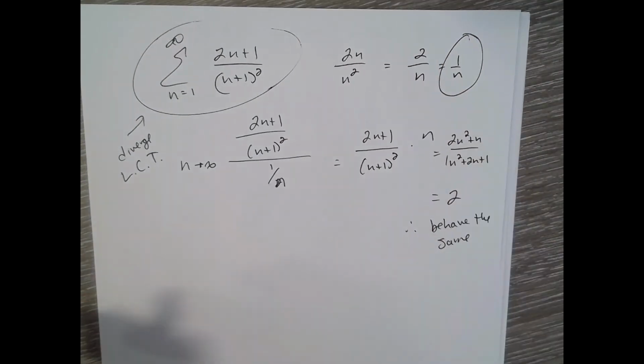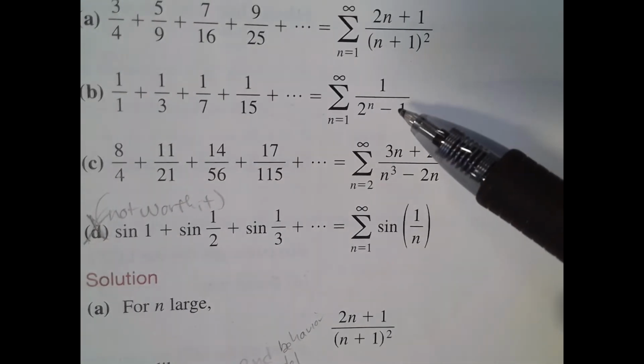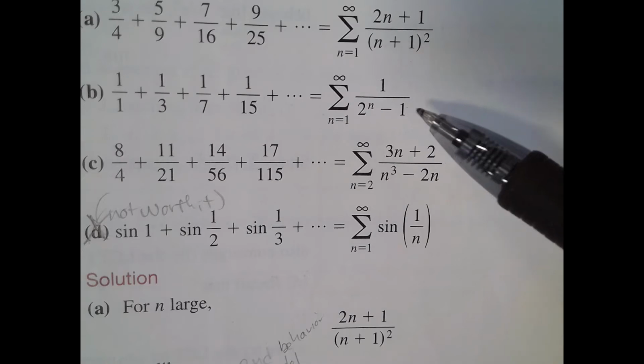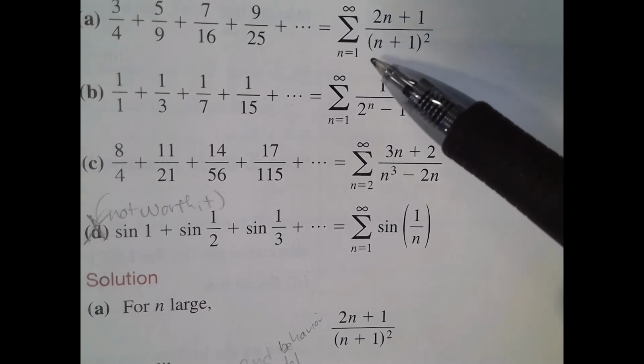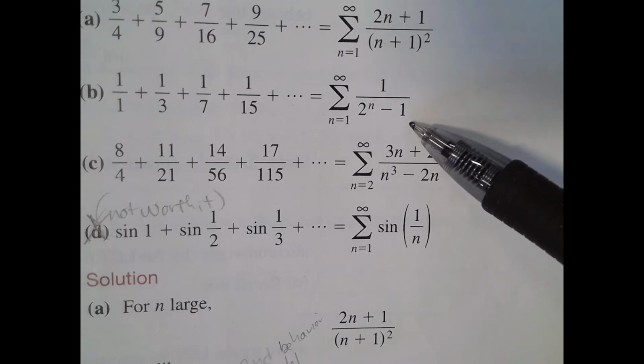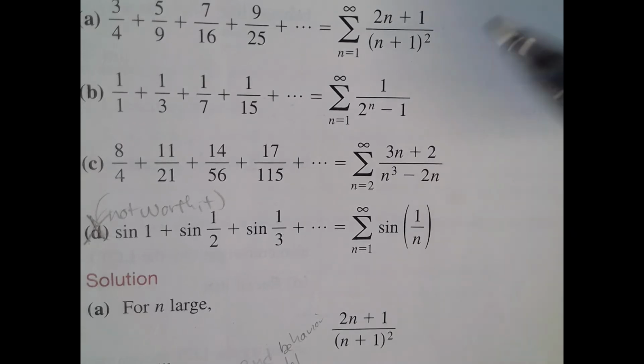All right, another one right here. 1 over 2 to the n minus 1. What's that pretty much the same as? 1 over 2 to the n. Okay, this minus 1 is infinitesimally small in the big picture. So we could compare it to 1 over 2 to the n.